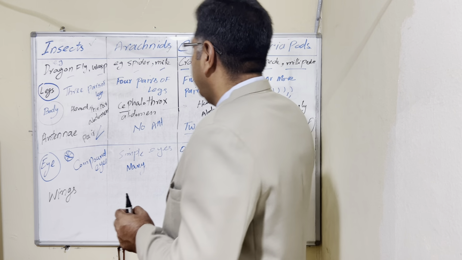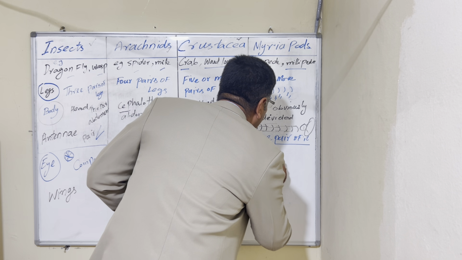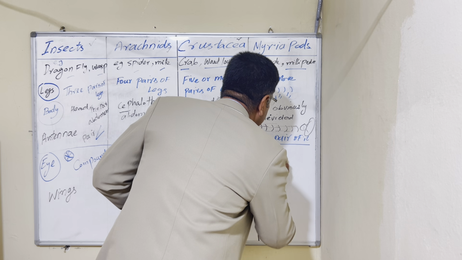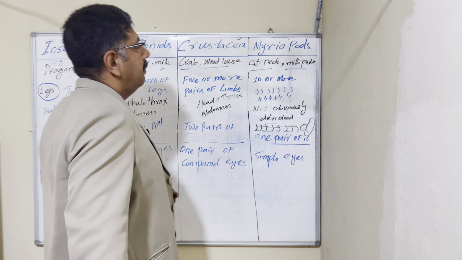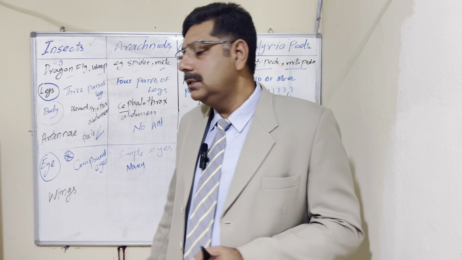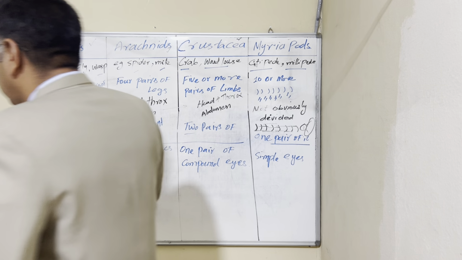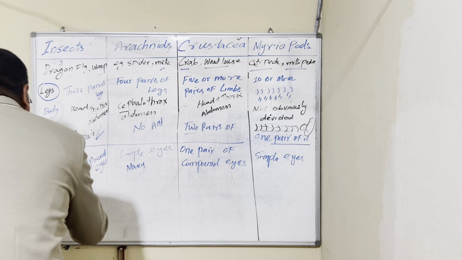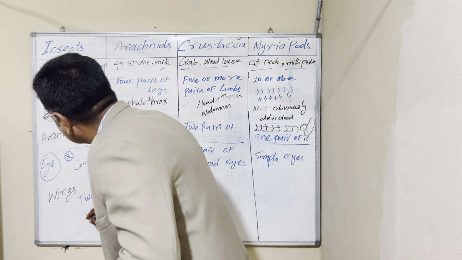So here one pair of compound eyes, and in myriapods we have simple eyes.